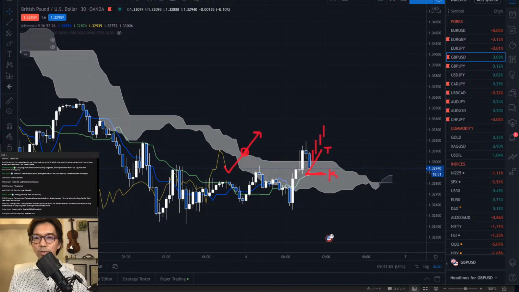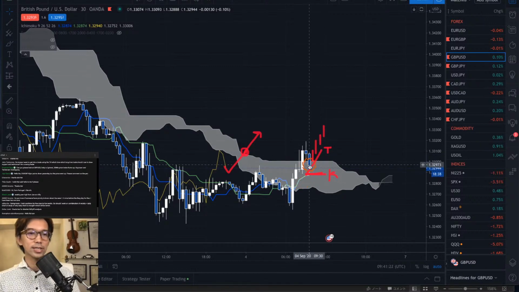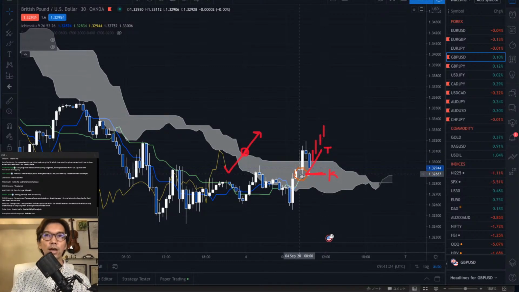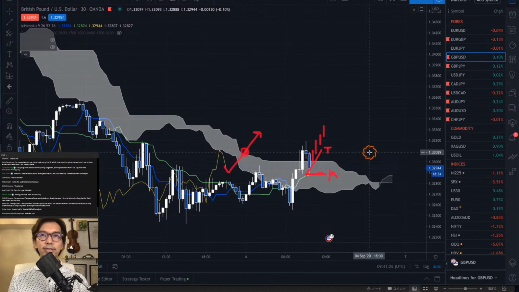Yeah, that's what I would do. This is kind of interesting, right? Kumo flat, and Kumo just twisted and it's still flat, the bullish Kumo. And the price is within the Kumo now. So anyways, we have to stay away when the price is in the Kumo.